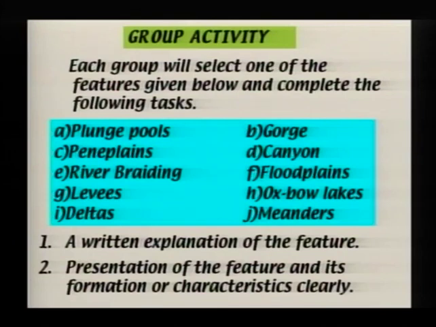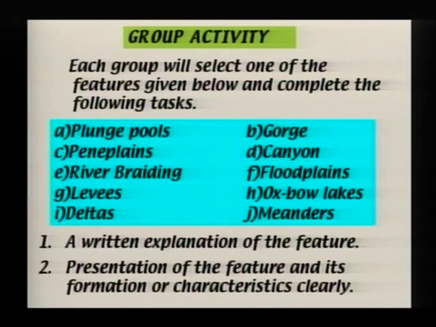Okay, in your groups, this is what you are going to do. You will see that there are 10 words of which we have not looked at the explanation of how those features are formed. So in your groups, you will select only one of the features. You are going to select in such a way that not 2 groups are doing the same feature.